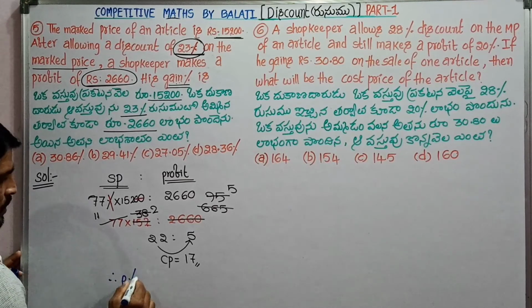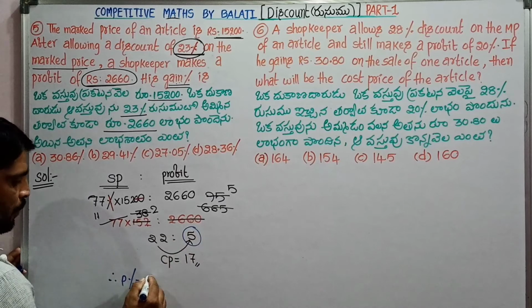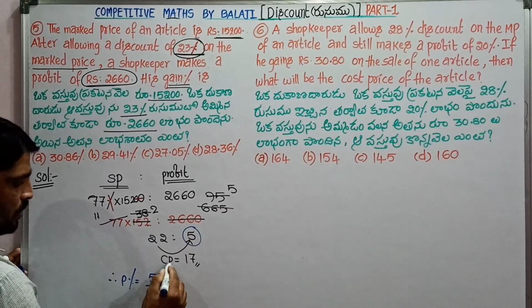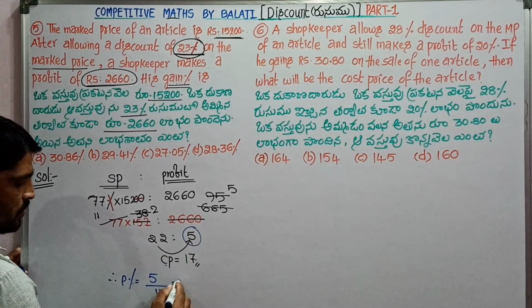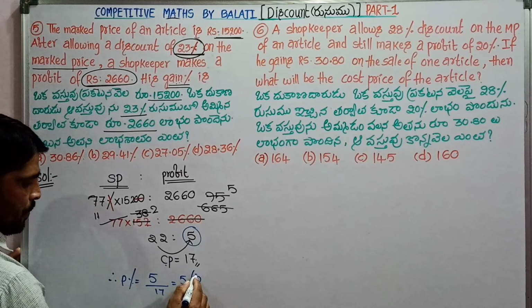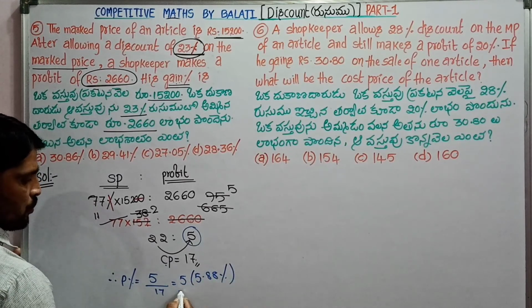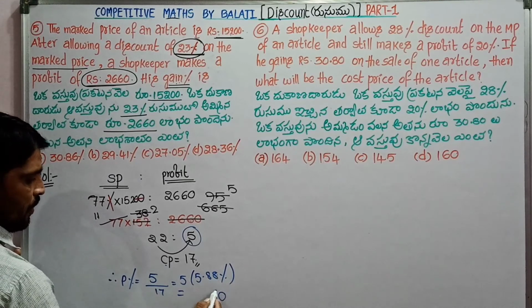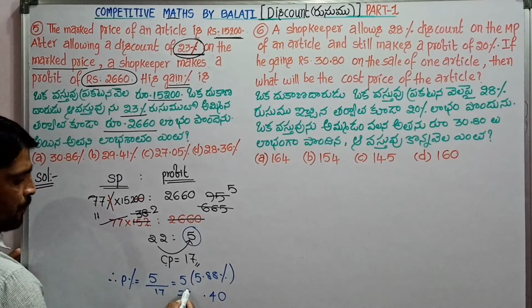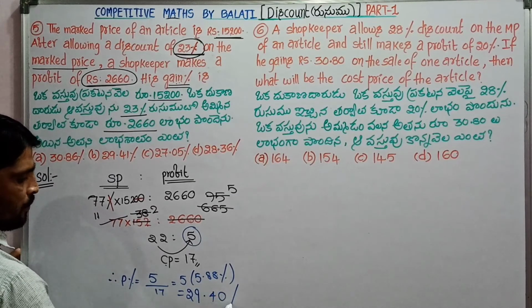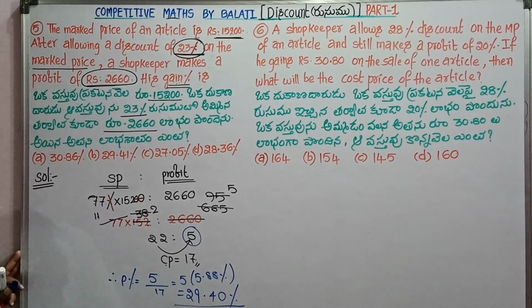Profit percent is equal to profit, 5 units, over cost price, 17 units. Since 1 by 17 is 5.88%, 5 8s are 40, plus 4, 44. 5 5s are 25 plus 4, 29.40%. Approximately equal to, answer B.